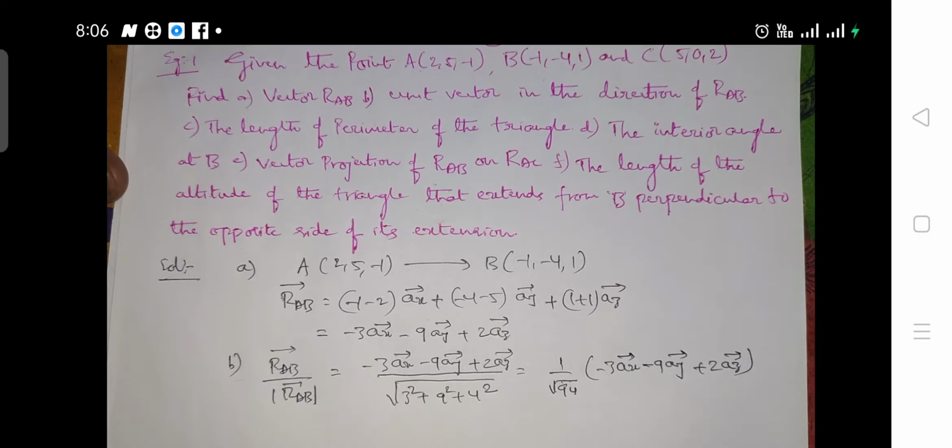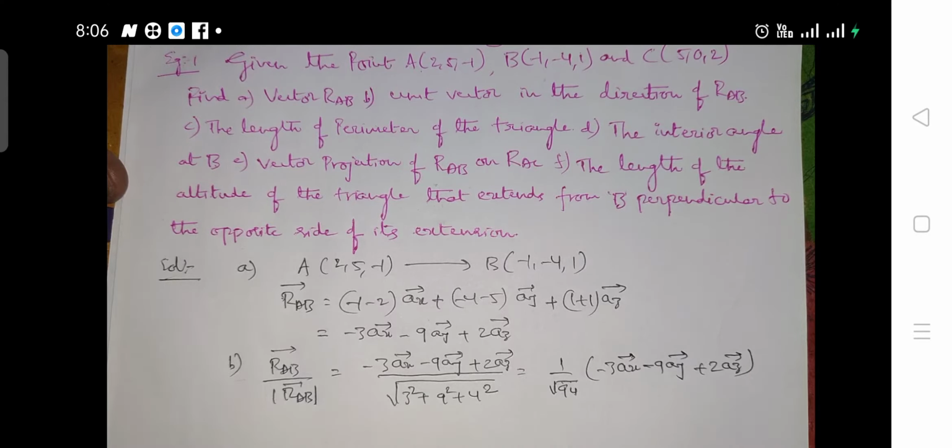That is how we can solve the question given for B.